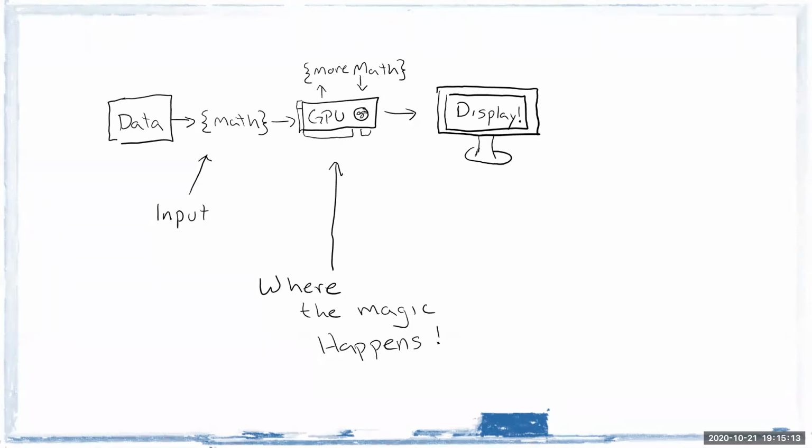So how do we get that into colors that show up on your screen? Well, first we do some math and we send the output to the GPU, where the GPU does more math and some magic, and then it sends it to the display.